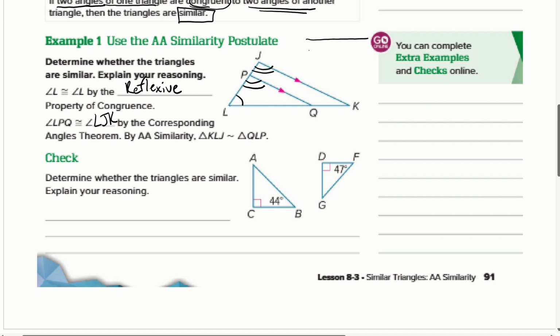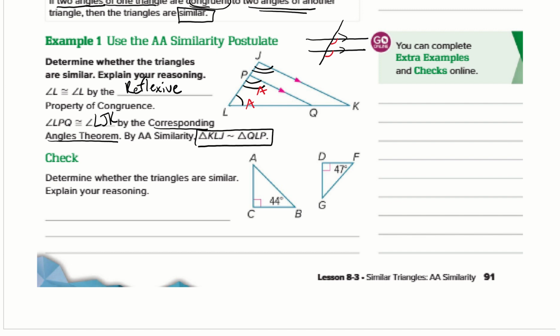Remember that if you have two parallel sides and a transversal, then the angles here must be congruent because they're corresponding. That's called the corresponding angles theorem. So therefore we have angle, angle, and angle, angle, and therefore the triangles must be similar. So we know that triangle KLJ is similar to triangle QLP.